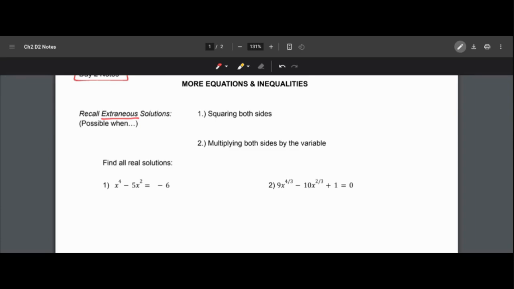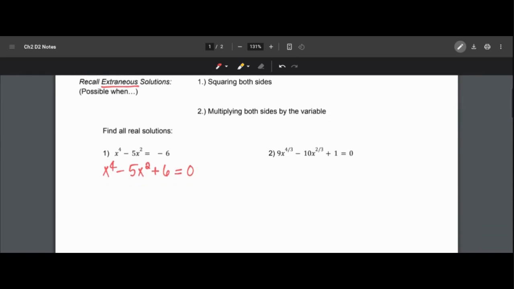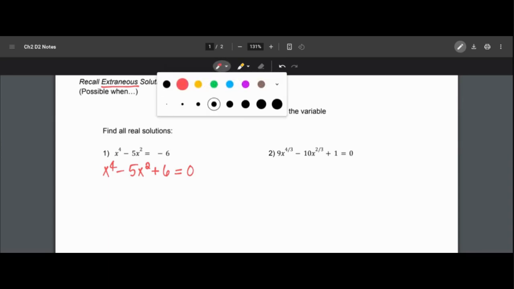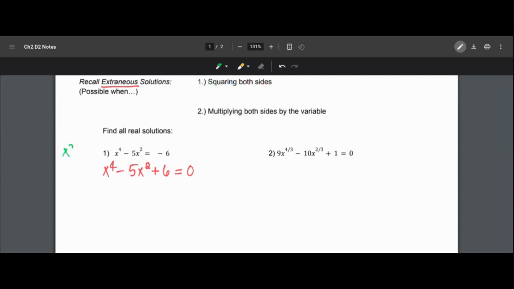All right, so for number one, we kind of treat it like a quadratic. Yesterday we talked about solving with the quadratic formula, but today we can typically solve by factoring. Even though it's not really a quadratic, we can treat it like one because x squared squared is the same thing as x to the fourth.